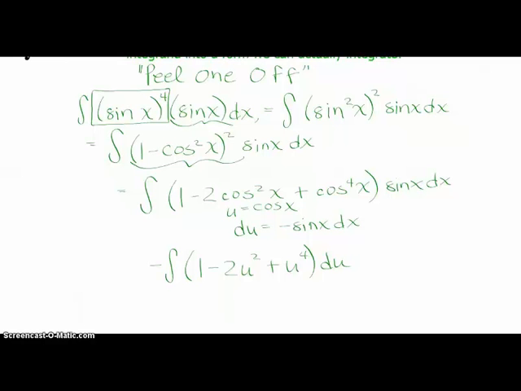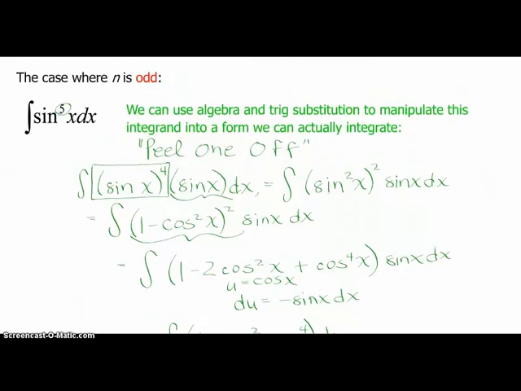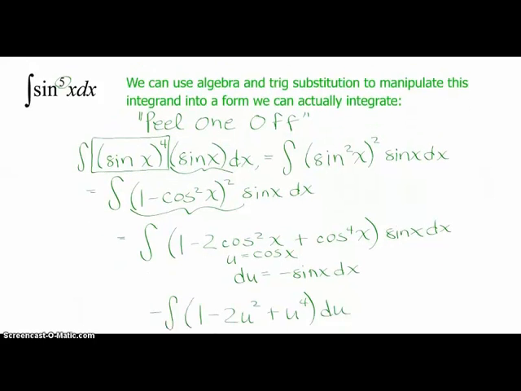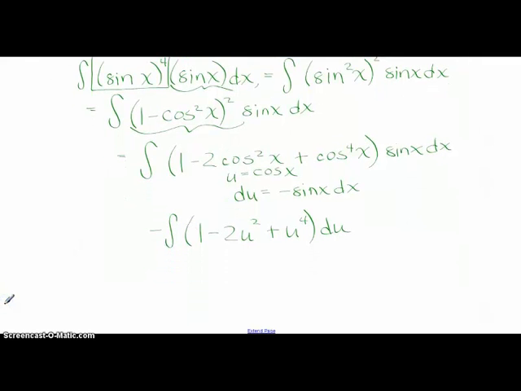We have turned a single integral involving sine of x only, multiplied by itself 5 times, into a straightforward power rule for integrals using u and du. Here's the peel one off method.